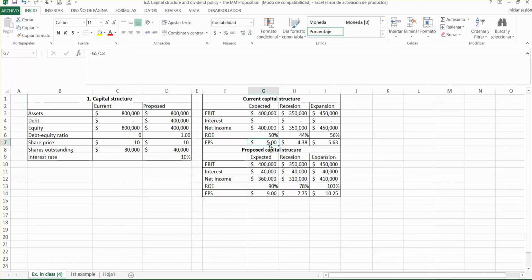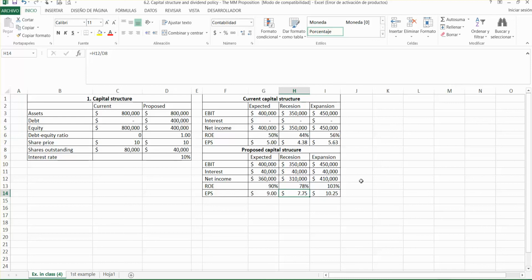And for a recession, even if we have a problem in our structure or in the market, our capital structure, if we have leverage, won't be affected at a higher proportion, because we have here 4.38 and we have here 7.75.